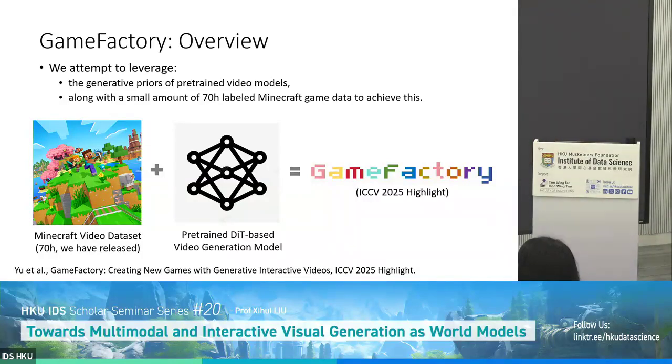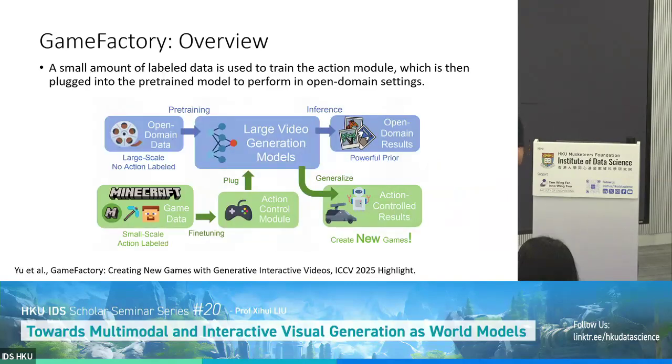From these two factors, the pre-trained video generation model provides us the generative prior for generalized scenes, and the Minecraft videos provide us the information about action control. So we need to combine these two kinds of information in a single model.